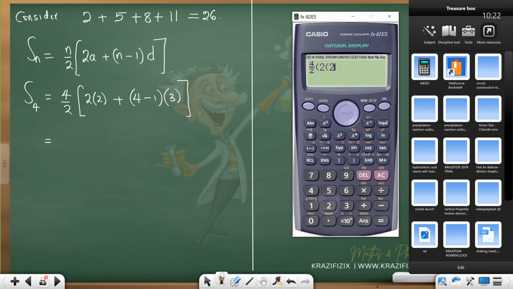First bracket, 2 multiplied by 2, plus, open bracket, 4 minus 1, close bracket. Make sure you close all the brackets that you open. 26. Oh, so it works. Genius. It works.